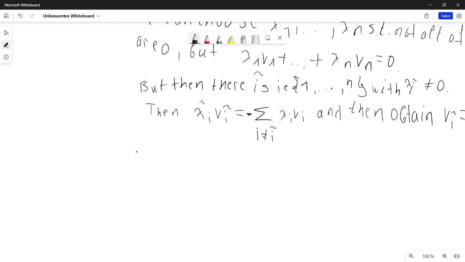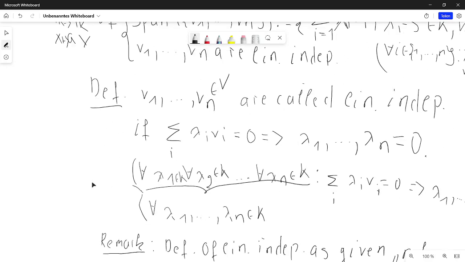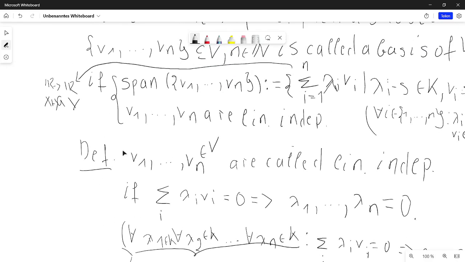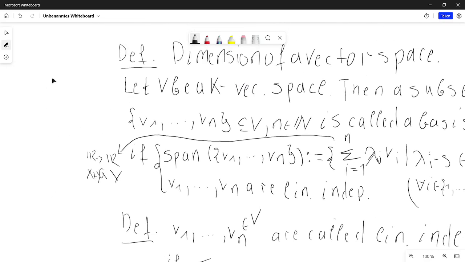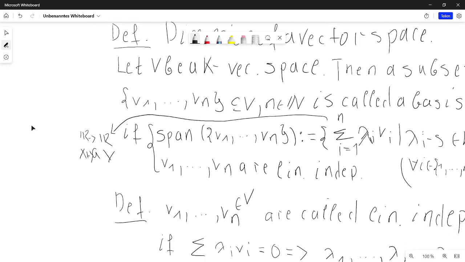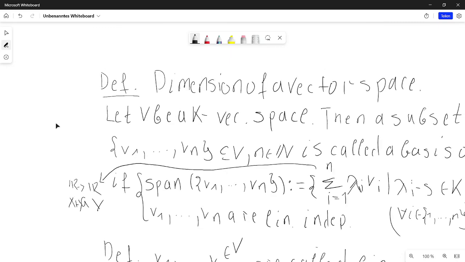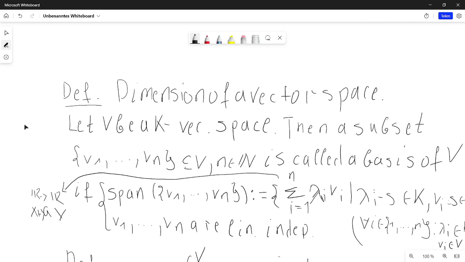Now, of course, having given such a definition, we are very interested in whether such things, bases, even exist. When does a vector space have a basis, and things like that.